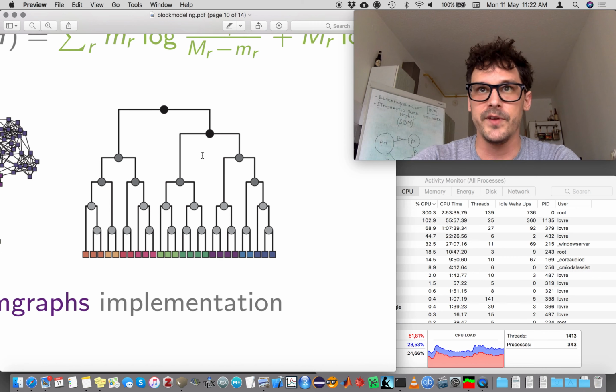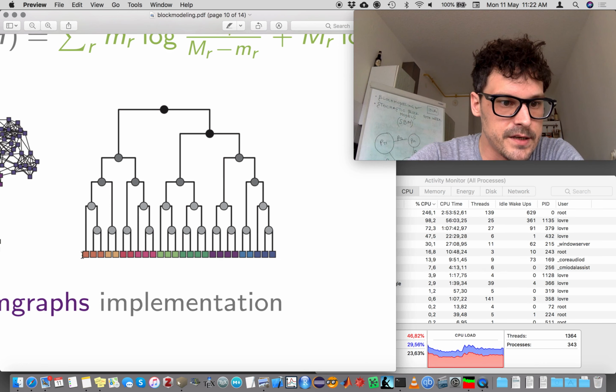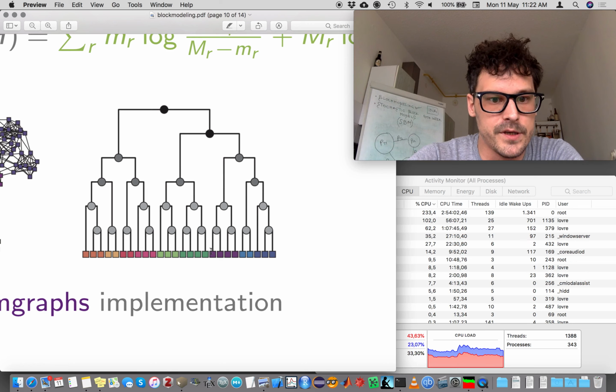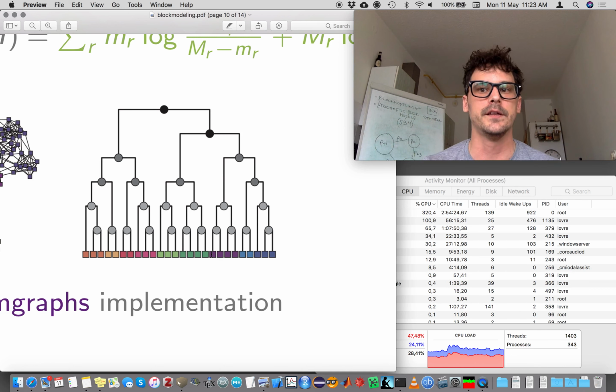In order to figure out the probability of a link between two particular nodes, i and j, so for instance this leftmost node here and this purple node here, you go up the hierarchy to find the lowest common root of these two nodes.